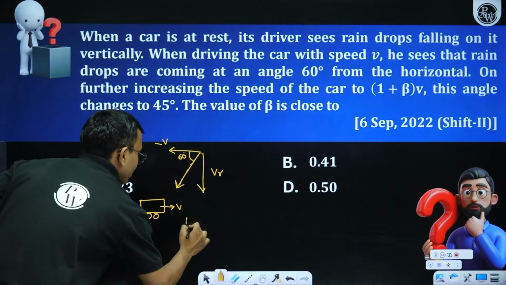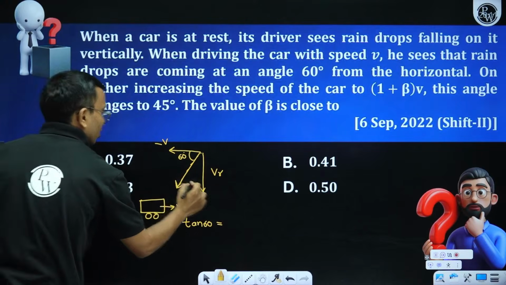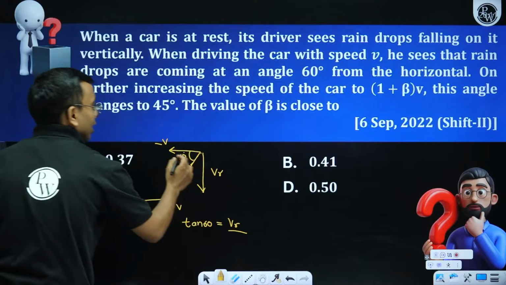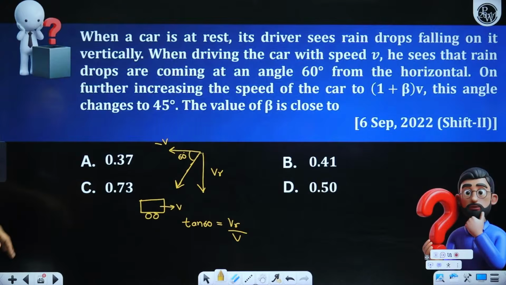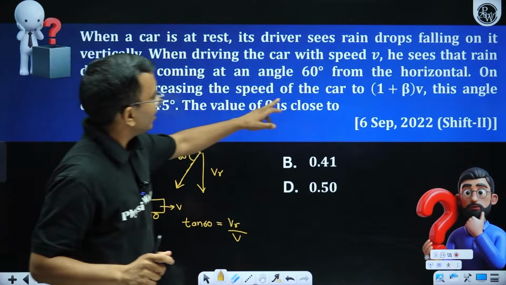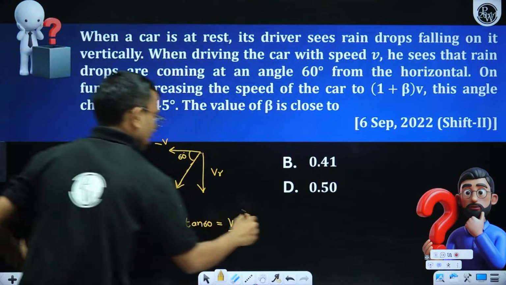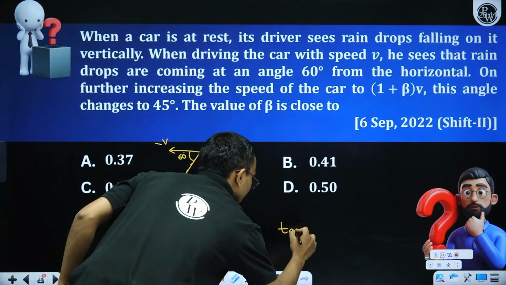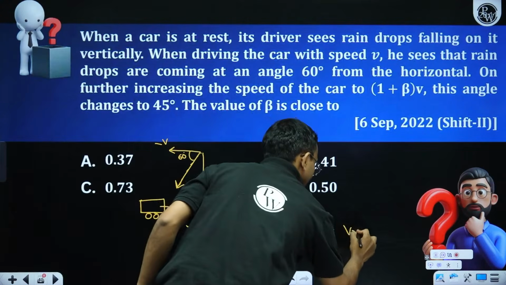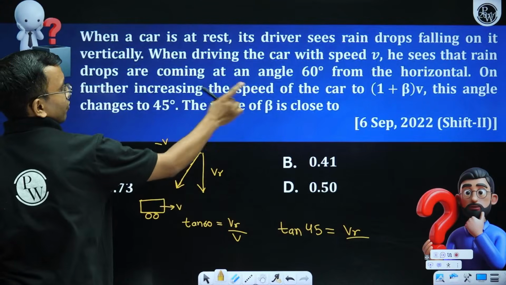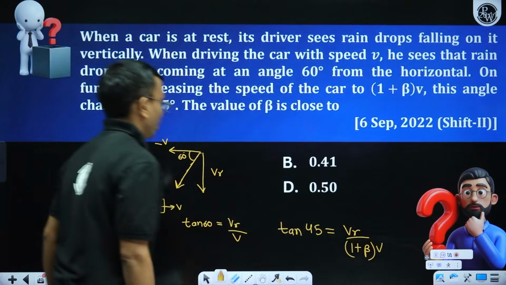So tan 60 is equal to, tan theta is equal to perpendicular divided by the base v. Next condition: on further increasing the speed from v to (1 plus beta) v, this angle changes to 45 degrees. So tan 45 is equal to v rain divided by (1 plus beta) v.